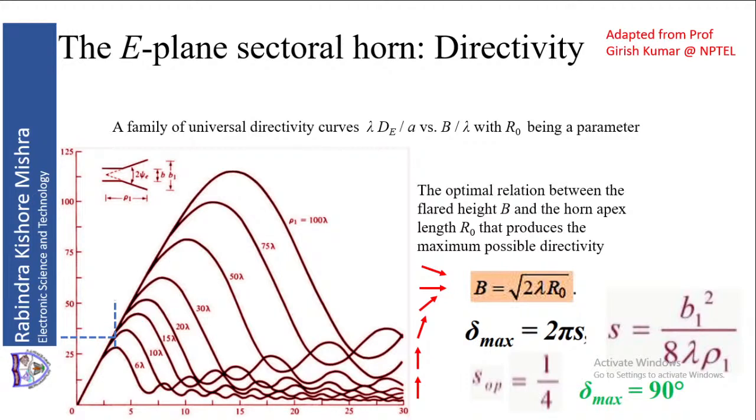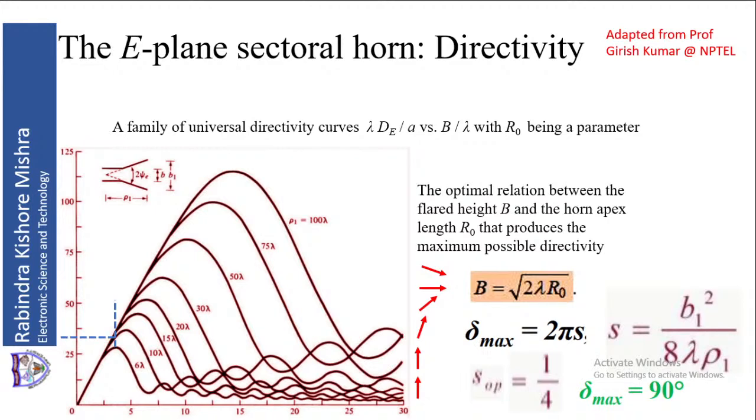We consider what happens if you keep on changing R0 or rho 1. So rho 1 is equal to 100 lambda, which means R0 is equal to 100 lambda. 100 lambda means it is a very large antenna.